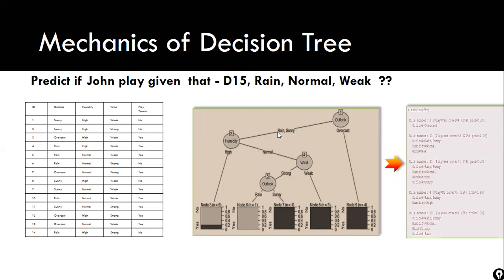So if the outlook is sunny or rain, then there is a high probability that he will not play tennis. If you see, no is bigger here and yes is small here. So let's take this one: sunny, and the humidity is high, then he will not play tennis.